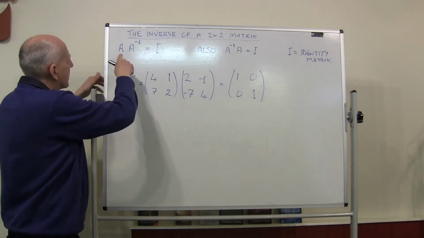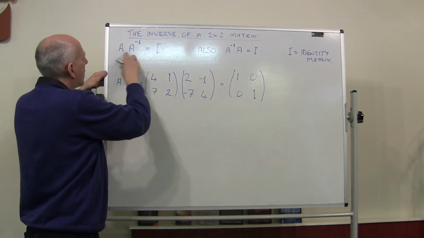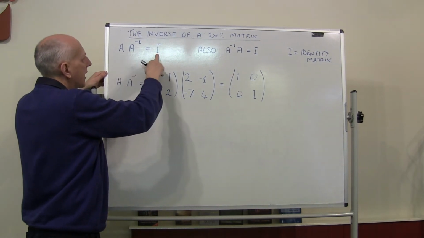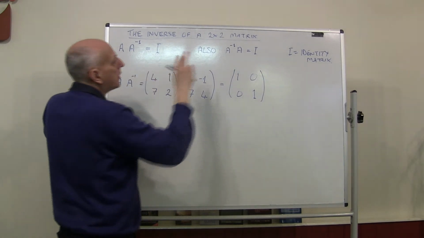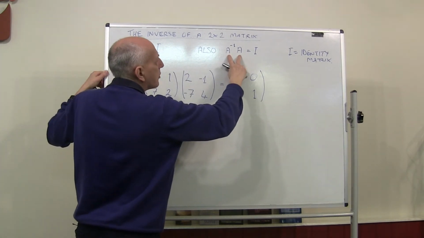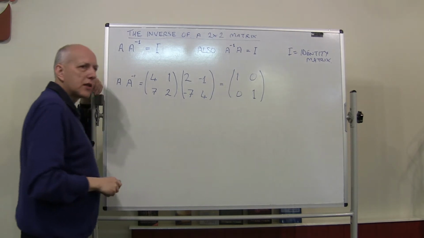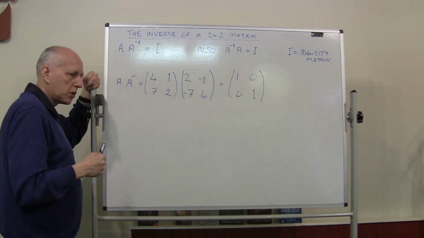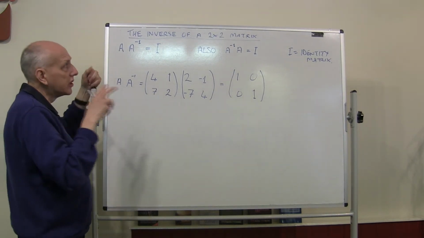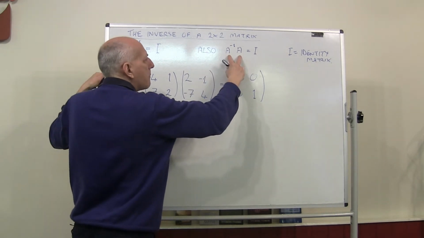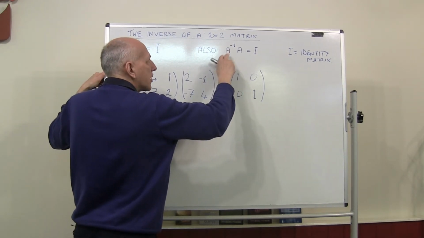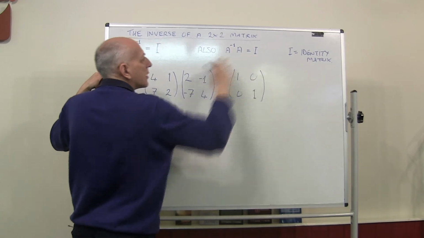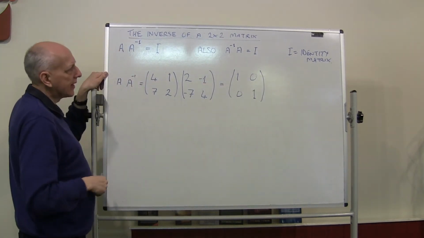And what this rule says is that if you multiply A by its inverse, you get I. And also, funny enough, if you multiply them the other way around, remember we said you don't get the same result when you're doing matrices, you do in this particular case: A inverse times A still gives you I, where I is the identity matrix.